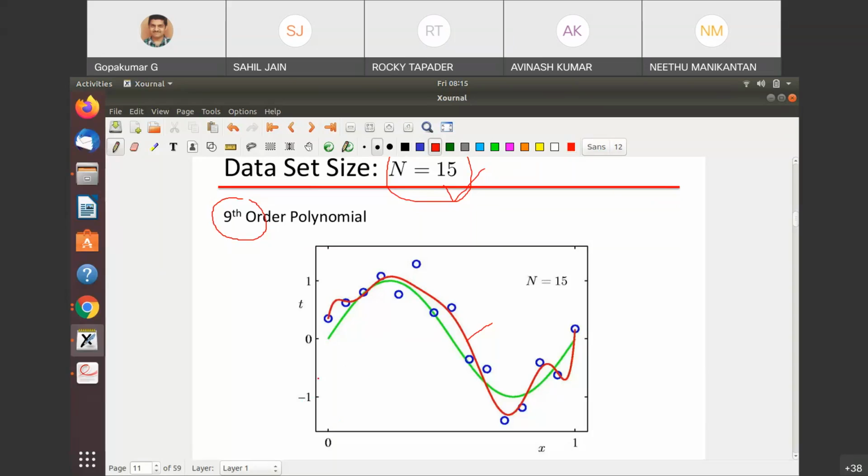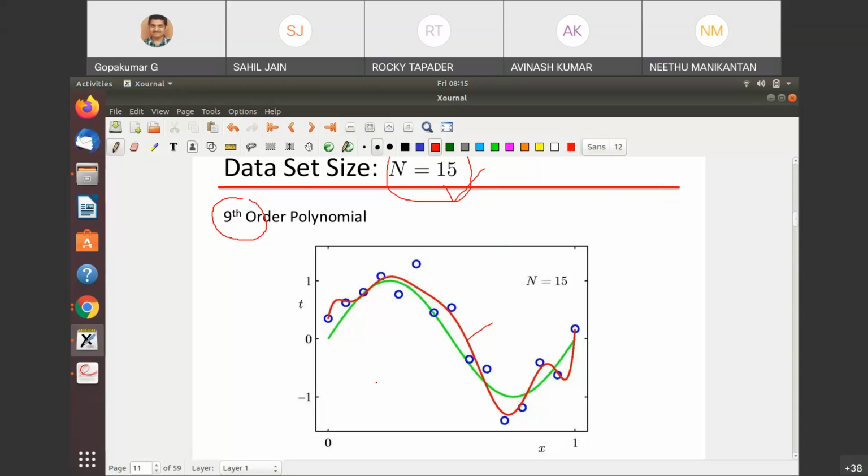But there are situations where we don't have the luxury of a large data size, especially in the medical field, where we will not be able to get too much data. So that means there is an issue, and we should be prepared for overfitting and for techniques to avoid it.